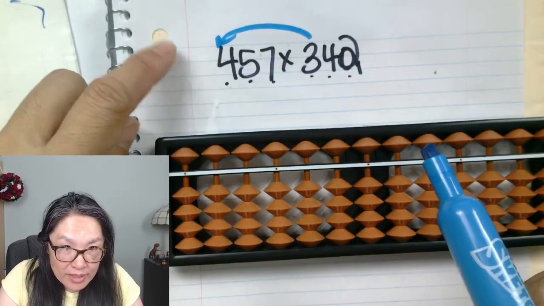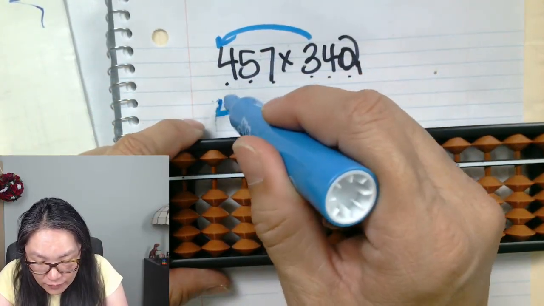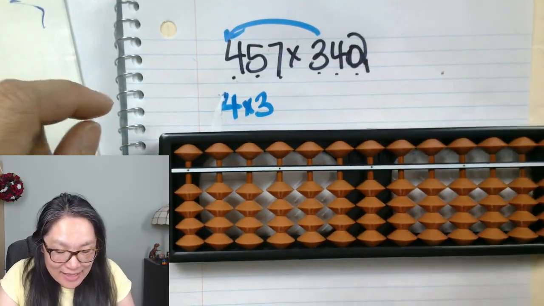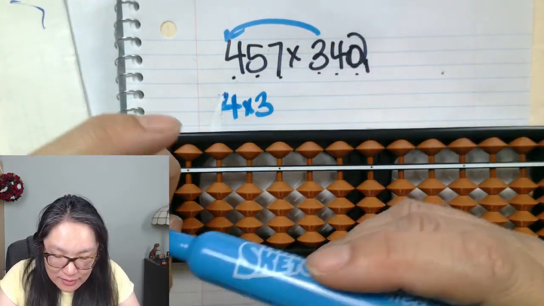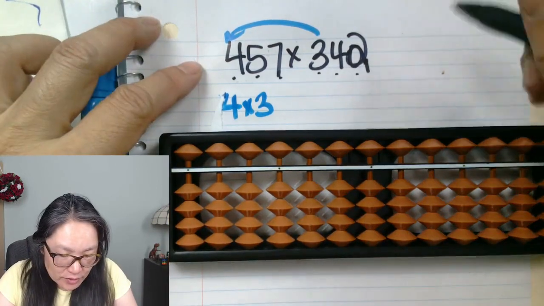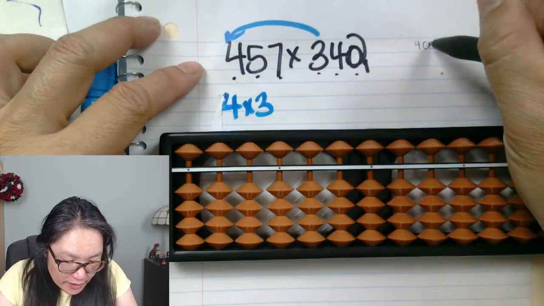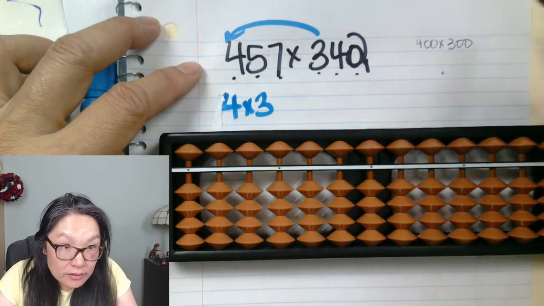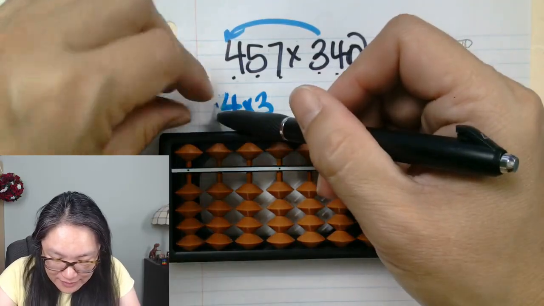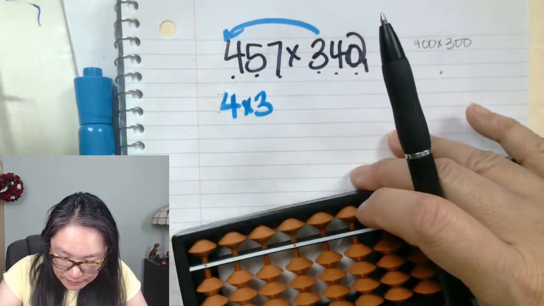But the problem here is in abacus, we do 4 times 3. That's easy, right? That's not a problem. In new math, what do they do? They do 400 times 300. I don't know about you, but that looks really crazy. That looks a little bit complicated.